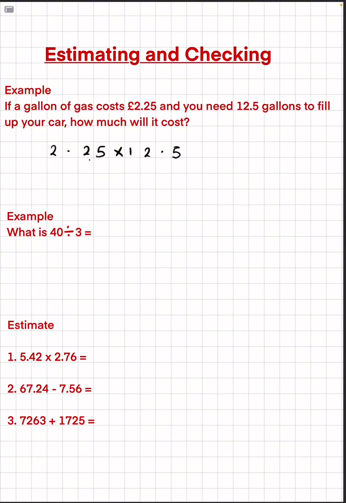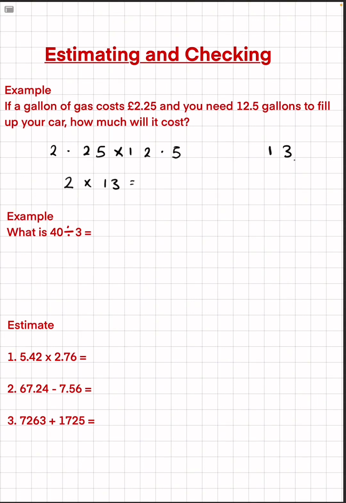So here the digit is 2, which is less than 5, so we can round this number down to 2. This number, the digit after the decimal point is 5, so we can round up to 13. Now we have 2 times 13.